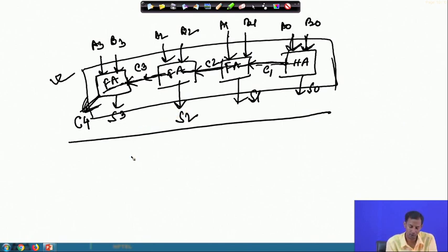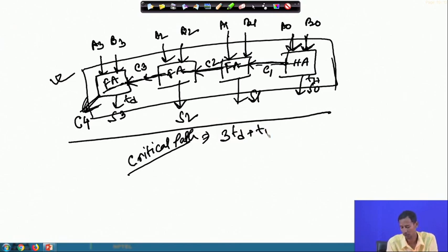So, now for this critical path, if I consider the delay for a full adder as Td and for a half adder as Th, then the critical path is 3 Td plus Th. Okay.